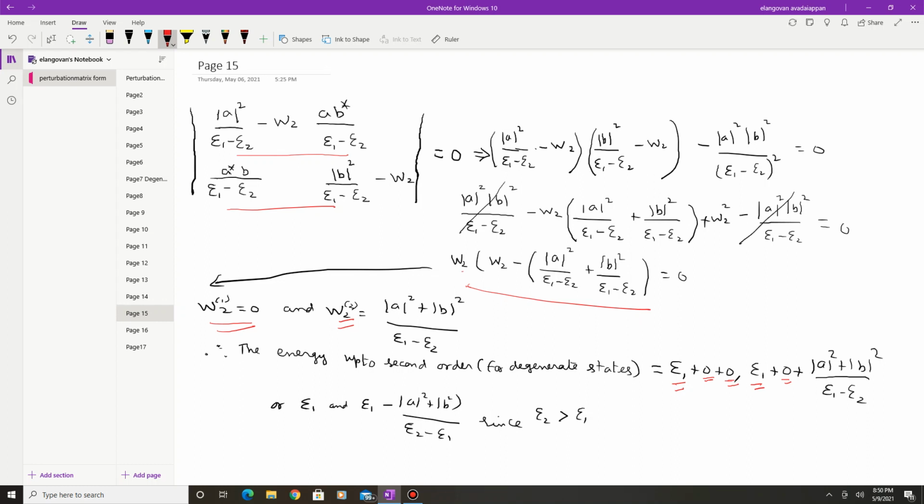So now the degeneracy is lifted. This is E1 up to second order. This is E1 plus mod A square plus mod B square by E1 minus E2. So this can be expressed as one is E1, another one is E1 minus, because since E2 is greater than E1, you write E2 minus E1, so there is a negative sign. So you will get this.